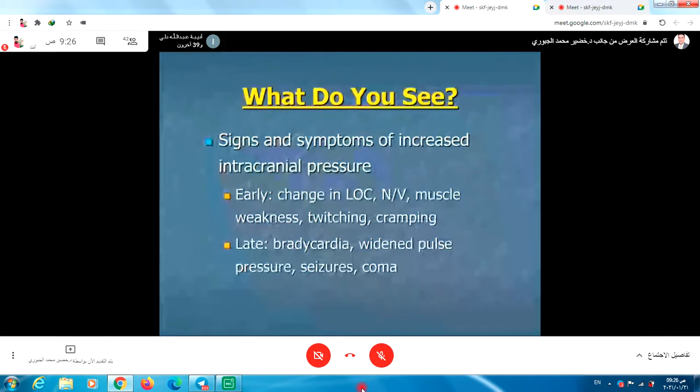Muscle weakness, twitching, meaning you see a kind of muscle contraction, cramping. Late signs: widened pulse pressure, seizure and coma.